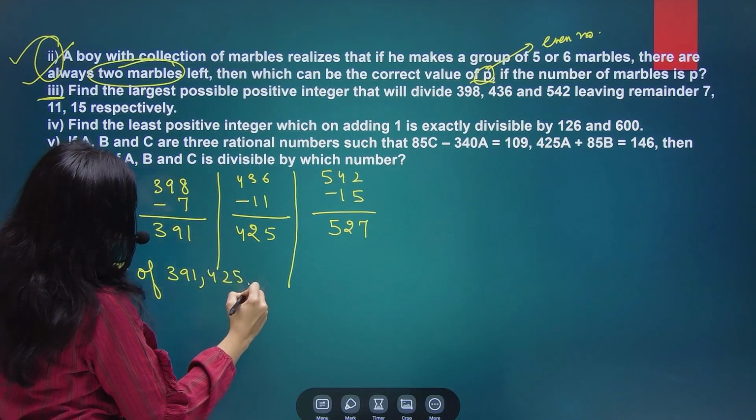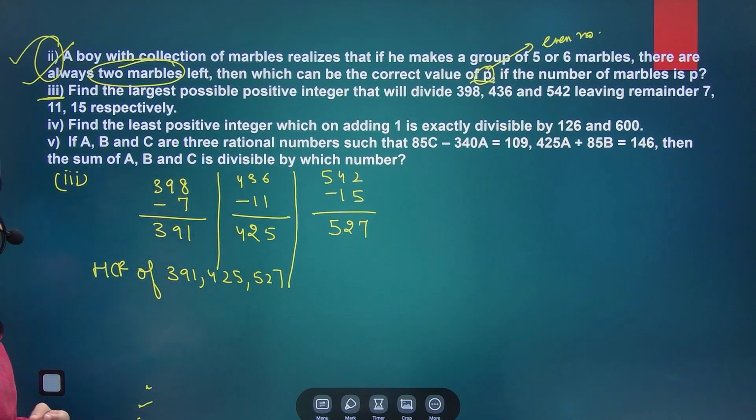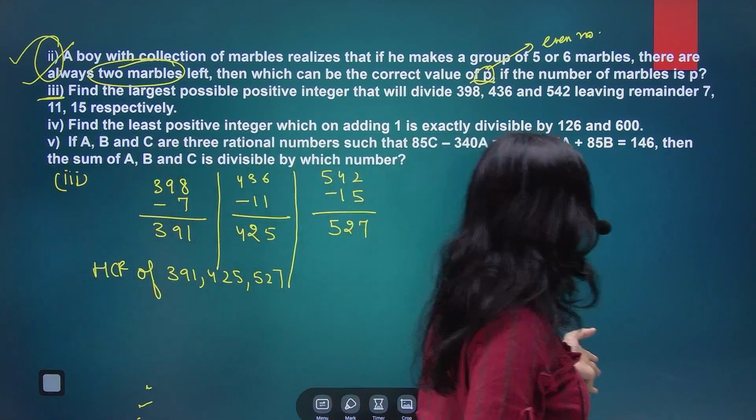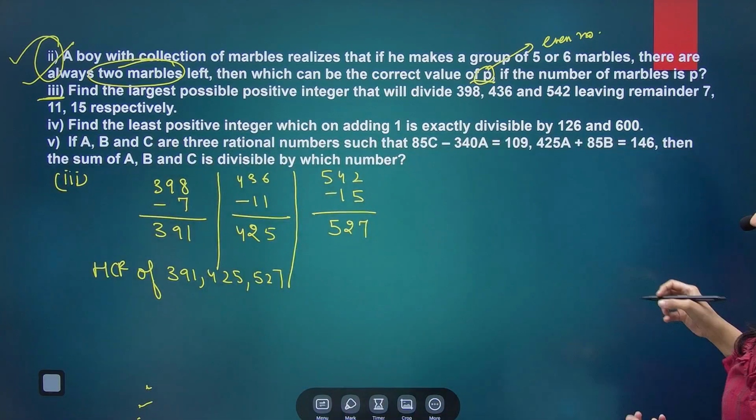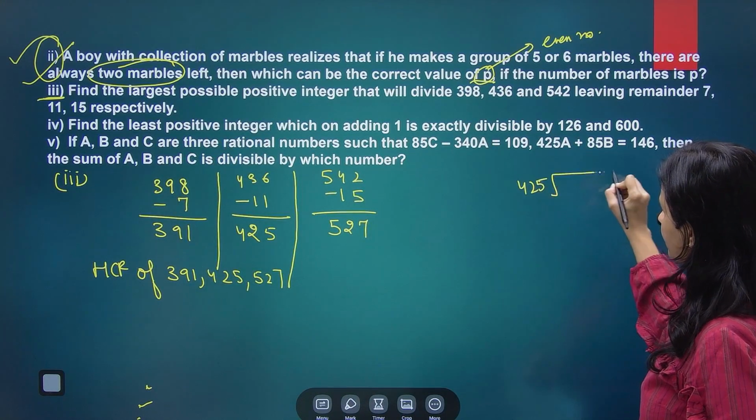425 and 527. You can find it by any method, but I find long division is quite less time consuming. So I'm going to find the HCF by long division.